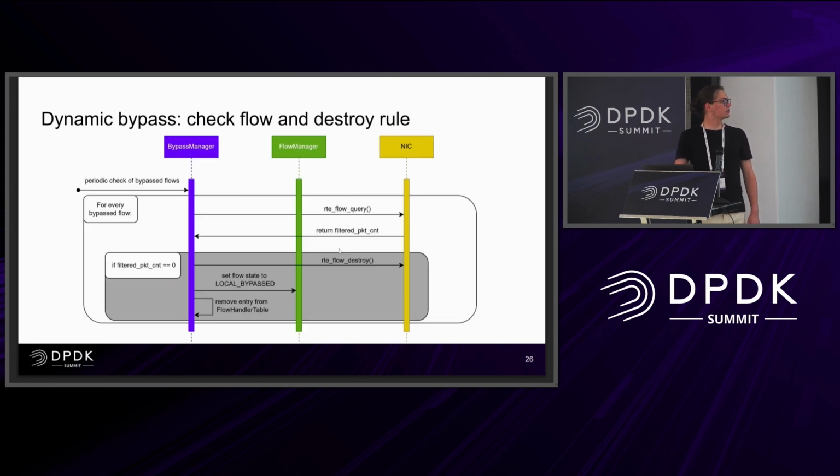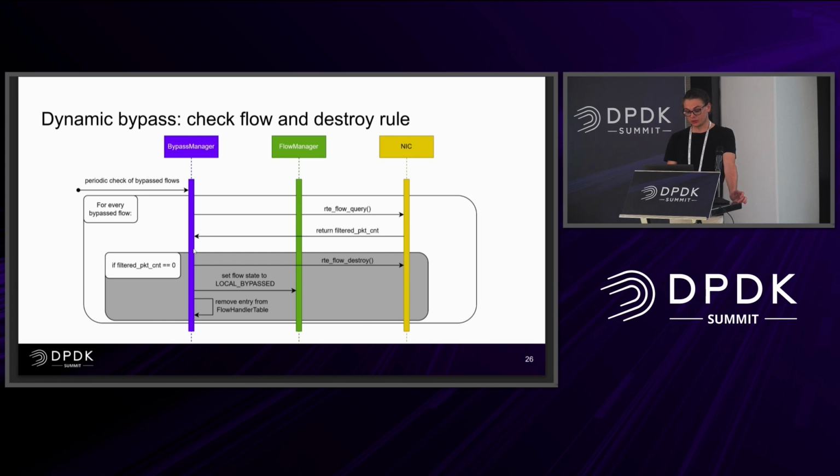Okay, and the other part of the dynamic bypass is checking the flows and destroying the corresponding rules. So there is a periodic check of all the bypassed flows, and for all the flows we query the NIC for the filtered packet count, and then we analyze this information in the bypass manager.